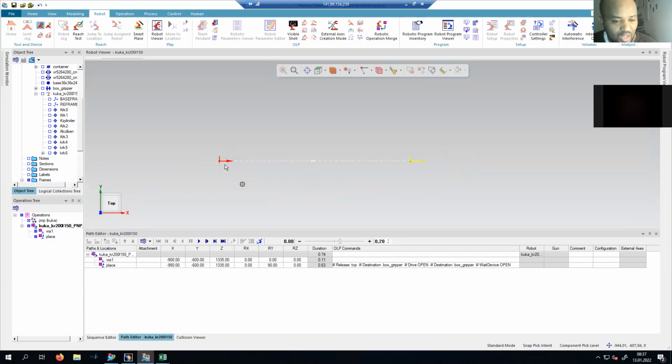Then the second is the place position, which is marked with this one. Maybe for some time, let us hide this one and try to see it in 3D. Look at it now.